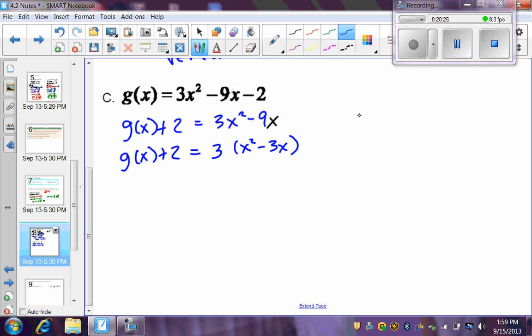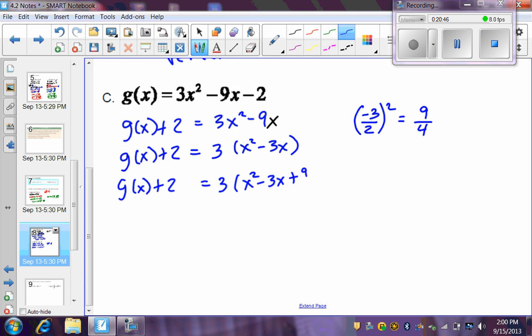The b is negative 3, so off to the side, negative 3 over 2 would give me a decimal, so I don't want a decimal, I'm just going to take that and square it. Negative 3 squared is 9, 2 squared is 4. So that gives me G of x plus 2 equals 3 times x squared minus 3x plus 9/4.